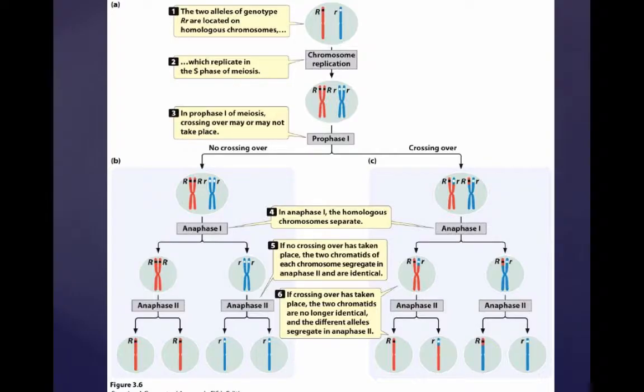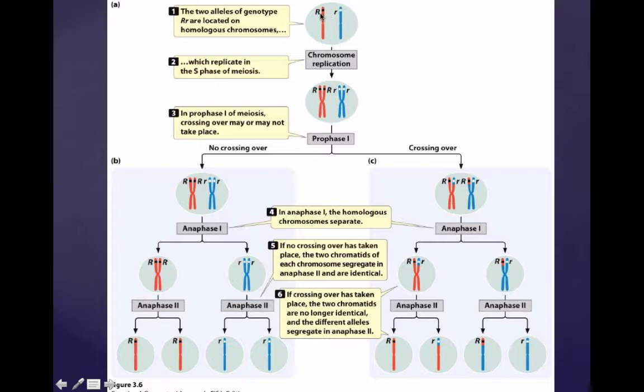And so Mendel's first law can be visualized with this diagram here, where the chromosome coming from mom is red, and the chromosome coming from dad is blue.